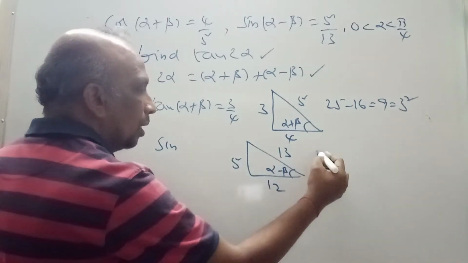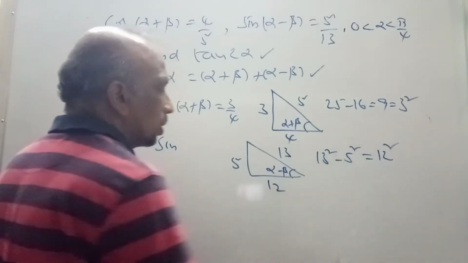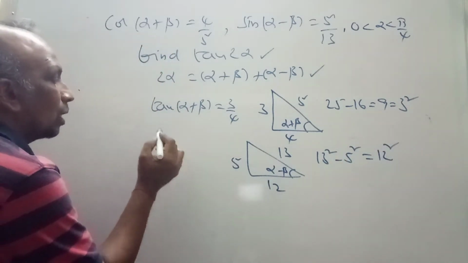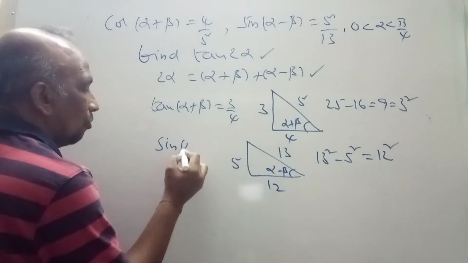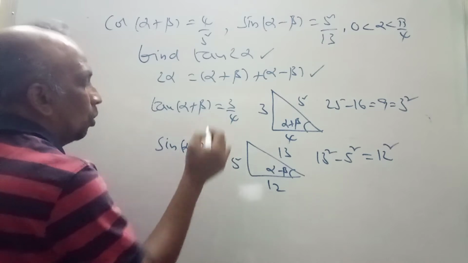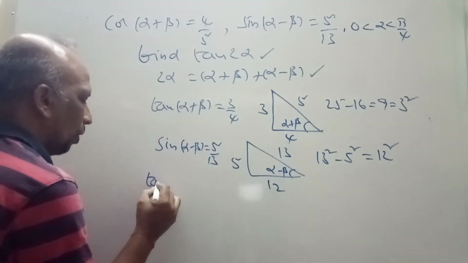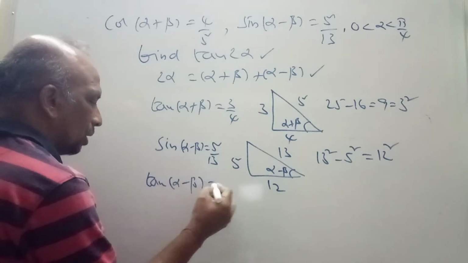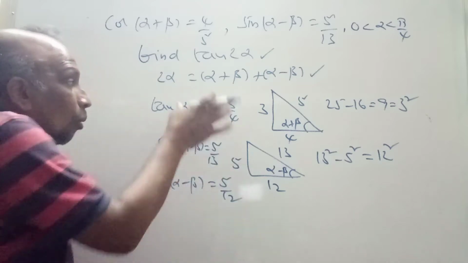This will be 12, right? 13 square minus 5 square is equal to 12 square. Sin of alpha minus beta is equal to 5 by 13 is given. Then from this I can write tan of alpha minus beta. So what is tan of alpha minus beta? 5 by 12.